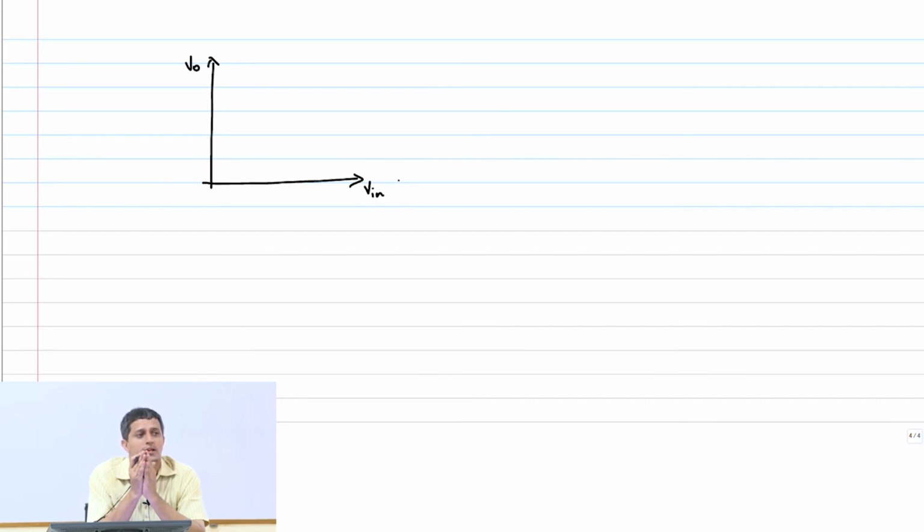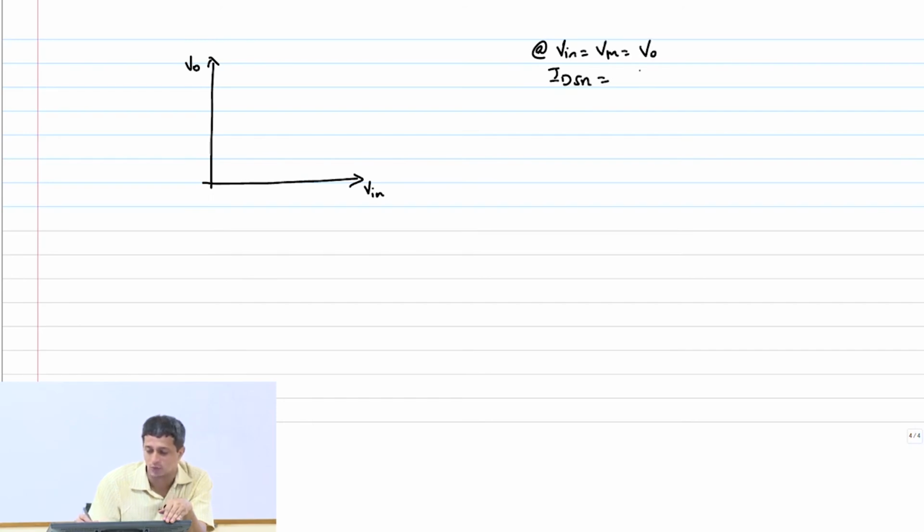What is the slope G at the trip point? I need a number. So we derived this yesterday. Suppose it was a long channel device, right? At Vin equal to Vm equal to Vout, IDSN is what?